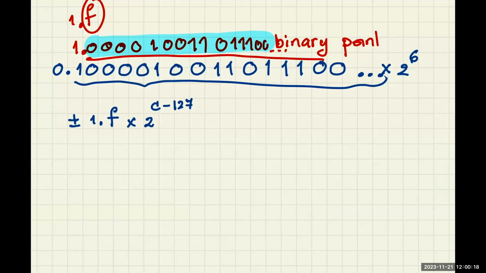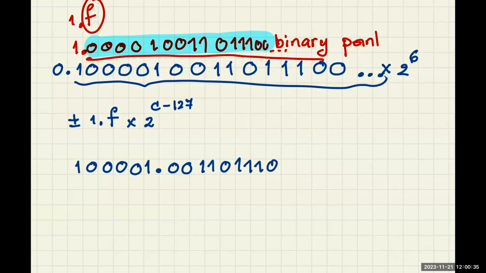So from this, if I have my number, originally I have the number 100001.001101100 and so on. This is my number, 33.215 in base 10, written in base 2.